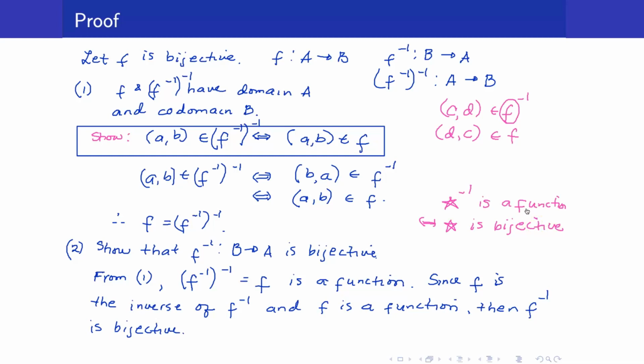This is our previous theorem. If the inverse is a function, then the original function, this function over here, must be bijective. So here, f is the inverse of f inverse. So therefore, this is a function. So therefore, f inverse must be bijective.